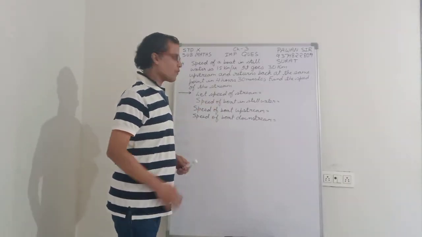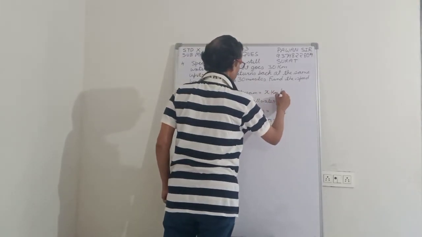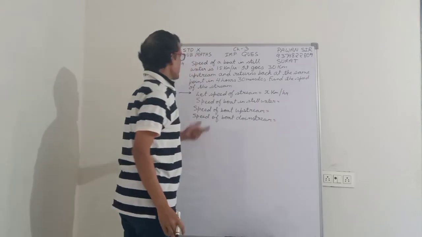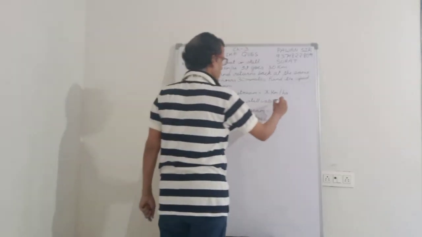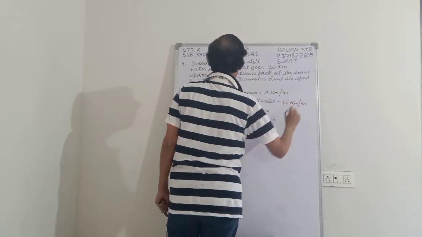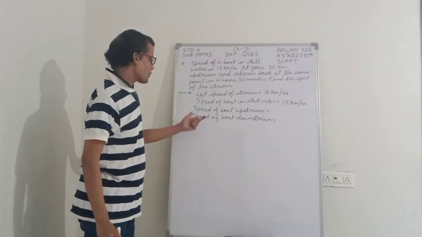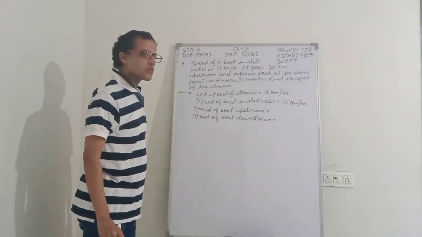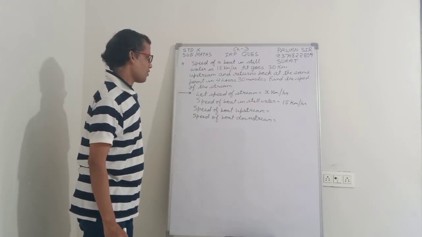So suppose the speed of the stream is x km per hour, and it is given that the speed of the boat in still water is 15 km per hour. It goes 30 km upstream. Upstream means the boat moves in the direction opposite to the direction of water.